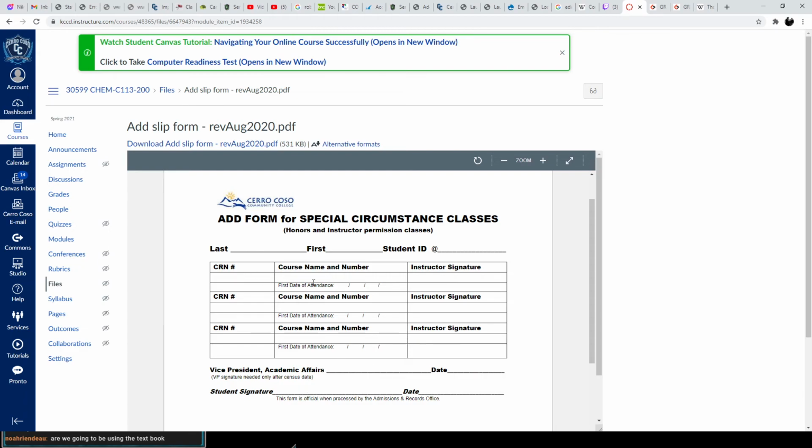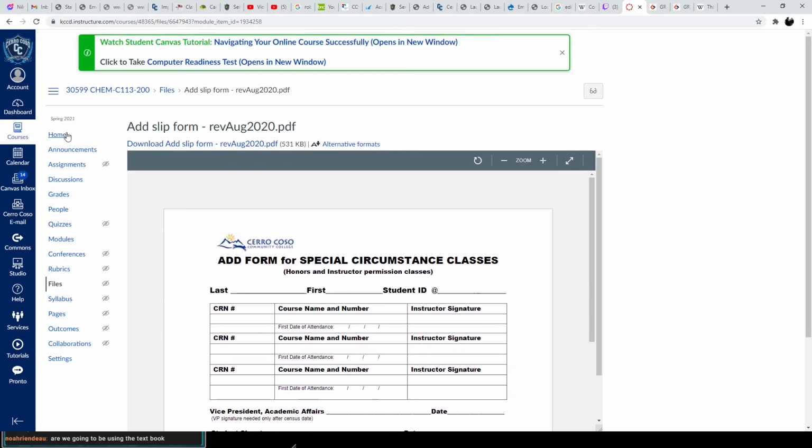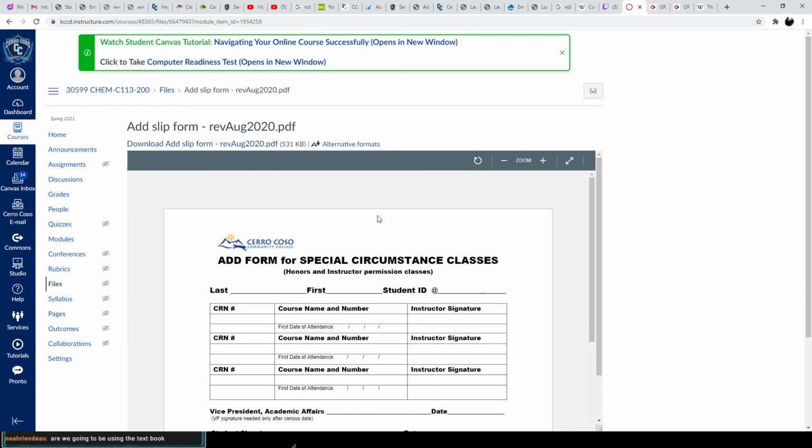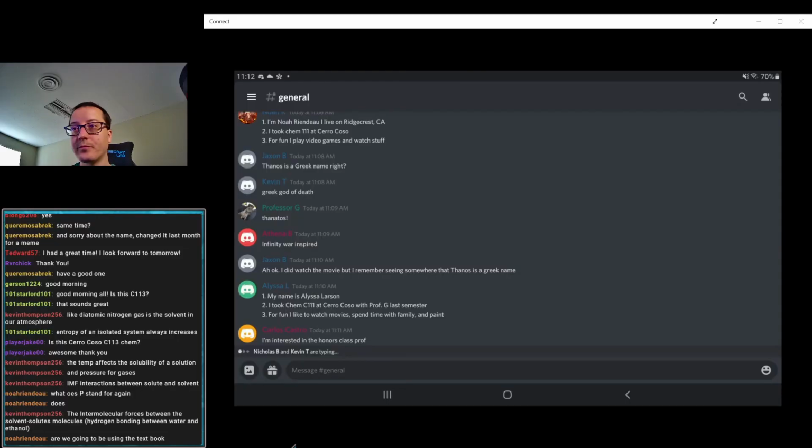I can put in the course number here and then do my signature, and then I submit it to whoever the heck it is, and they will automatically swap you over to the honors course. So just get this and then email it to me, send it through Canvas or Discord, whatever. Do that, and then I can swap you over.